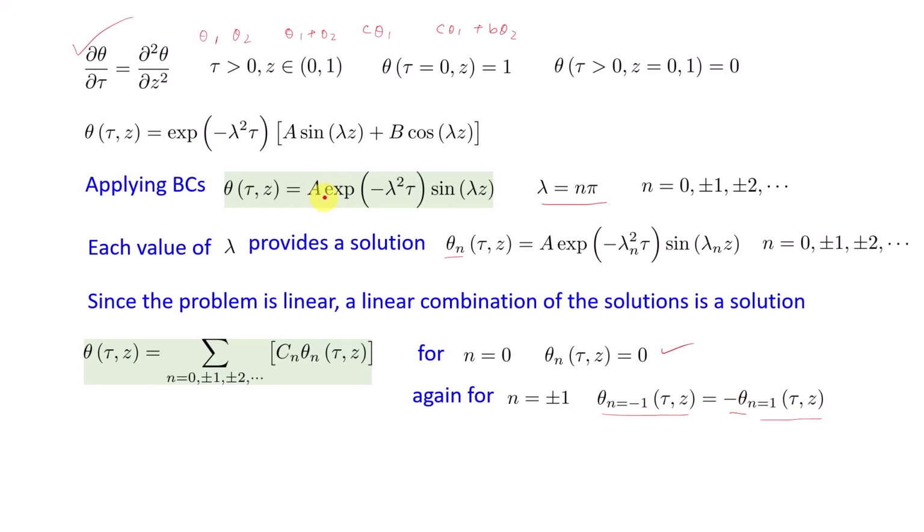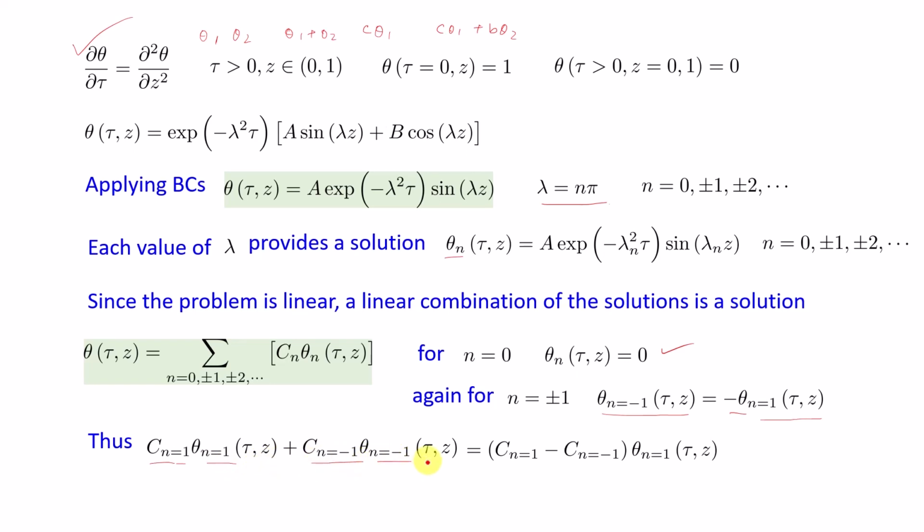Because this series had all the terms plus 1 and minus 1, I can club some of these terms, because minus 1 is simply minus of plus 1. So let us see how I can club it. For example, Cn equals 1 times theta n equals 1 plus Cn equals minus 1 times theta n equals minus 1, this kind of series.